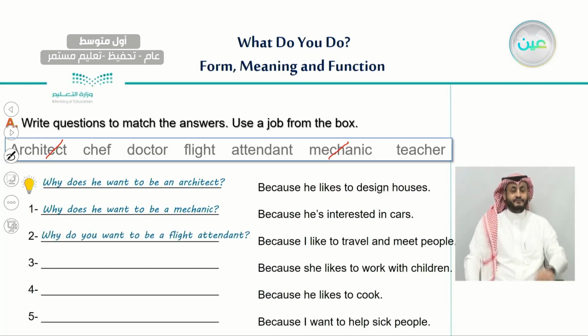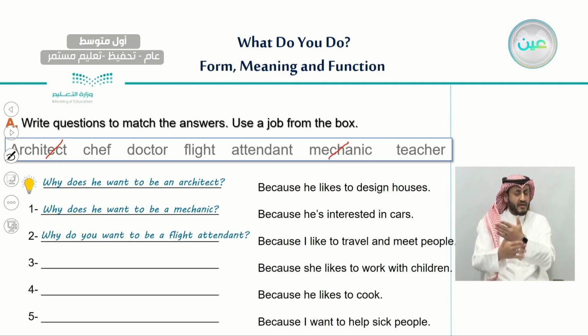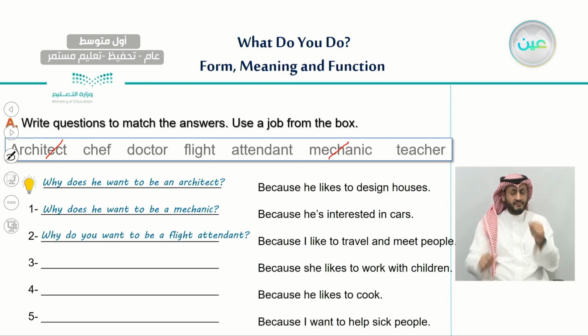So the question will be, why do you want to be a flight attendant? And be careful of those subjects. Here we use the subject he, and in this one we use I. So it's important to learn the subject so we can make a proper question. So here we cross out the flight attendant.